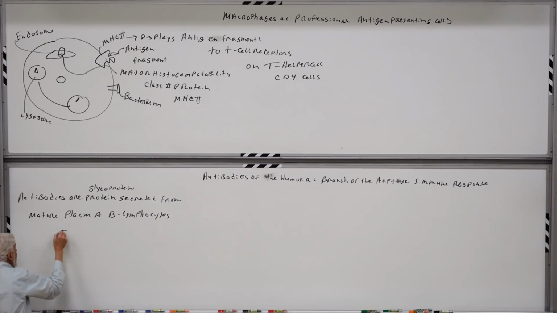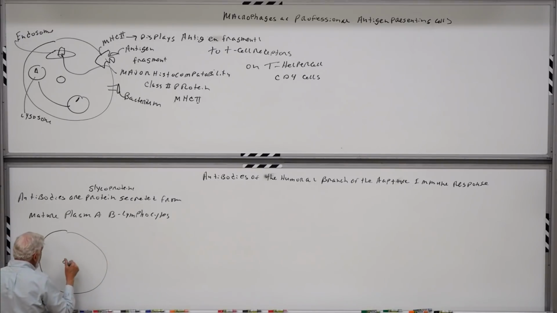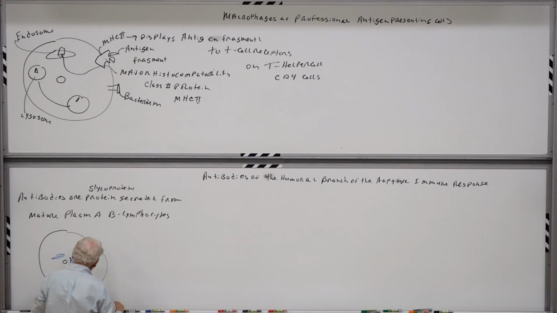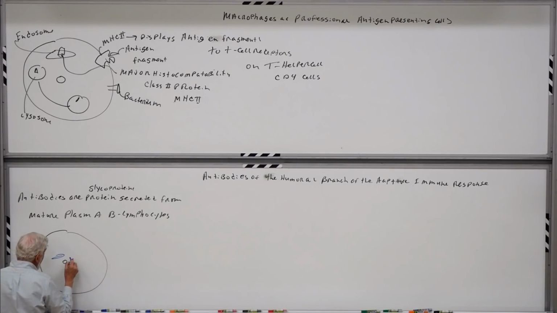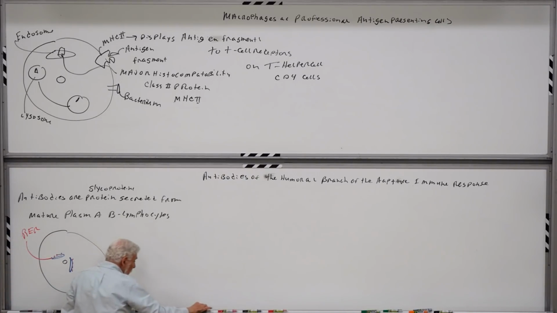If you look at one of these mature plasma B lymphocytes, it's really chock full of endoplasmic reticulum. And the endoplasmic reticulum is heavily decorated with ribosomes. So there's a whole lot of rough ER. There's a highly elaborated Golgi apparatus.